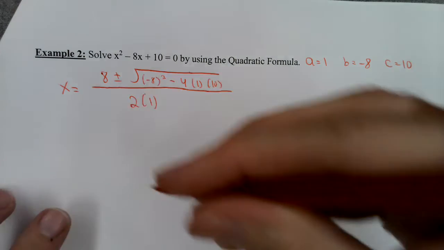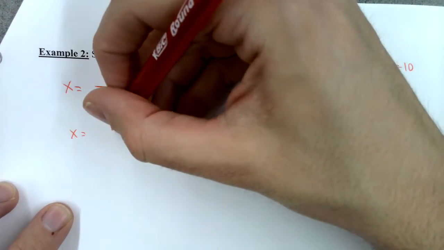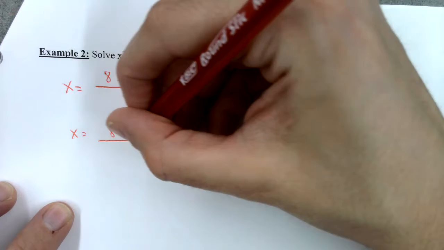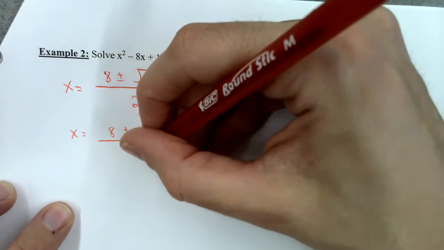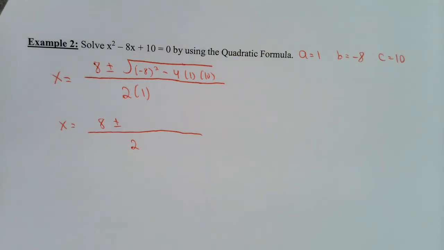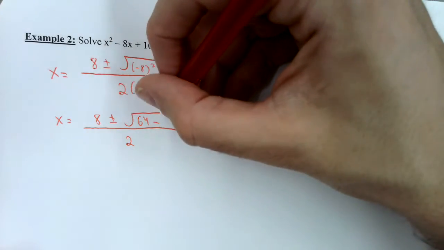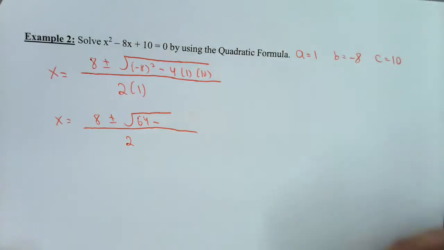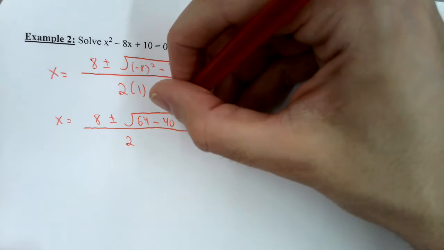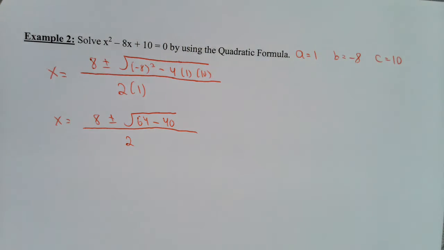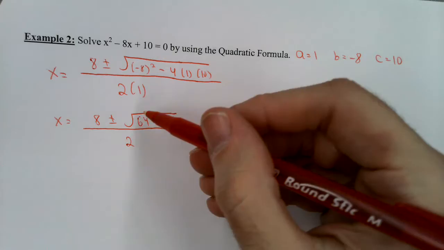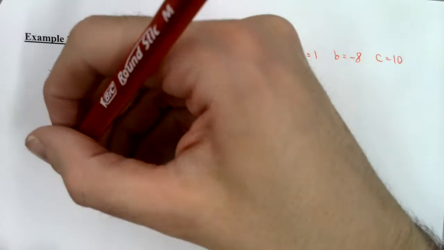Okay, so x equals 8 plus or minus. I'll make that a 2 in the denominator. Negative 8 squared is 64. 4 times 1 times 10 is going to be minus 40. One step at a time, let's make that 24 under the square root.